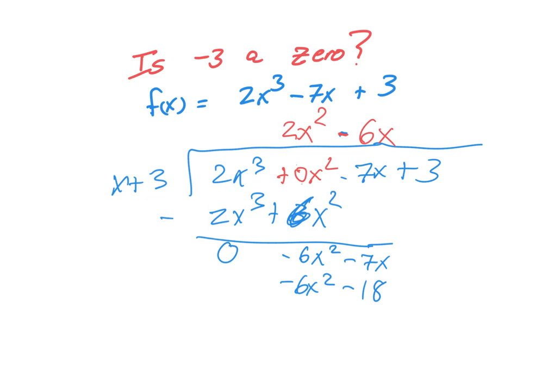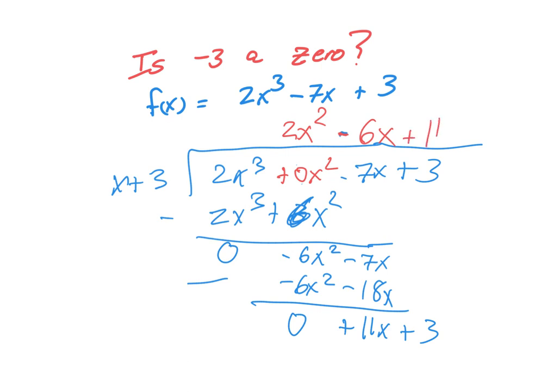Then we subtract: negative minus negative is 0, and -7x minus a -18x. Minus a negative is plus a positive, so that's positive 11x. Bring down the 3. And then my last item up here will be positive 11.